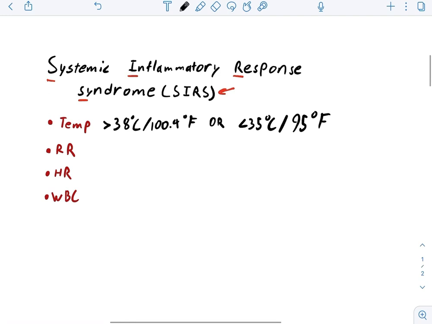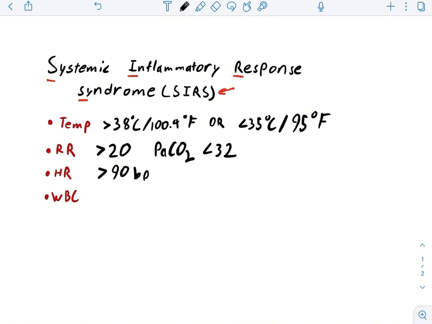So that's for temperature. Now let's move to respiratory rate. If it's greater than 20, and also related to this, if you have a PaCO2 less than 32. Now on to heart rate greater than 90 beats per minute.